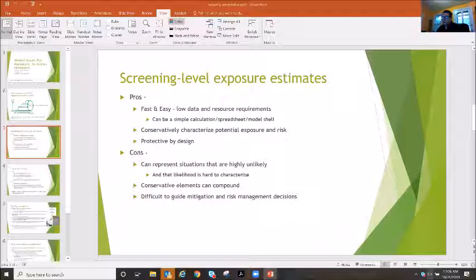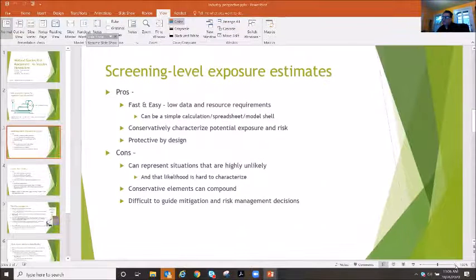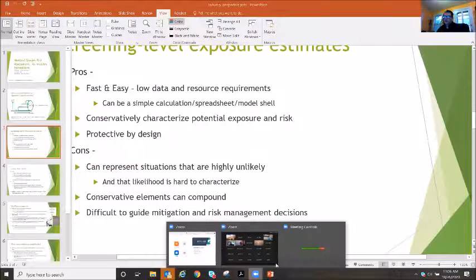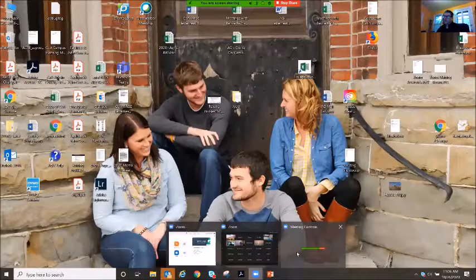So by design, they are protective and conservative, but by that measure, they're relatively easy to use. Trip referred to the Terplant model, which was basically just a simple calculation, which was then incorporated into a spreadsheet, and then the PWC model, which is a model shell of some sort. However, they can represent situations that are unlikely to occur, and that's really by design.